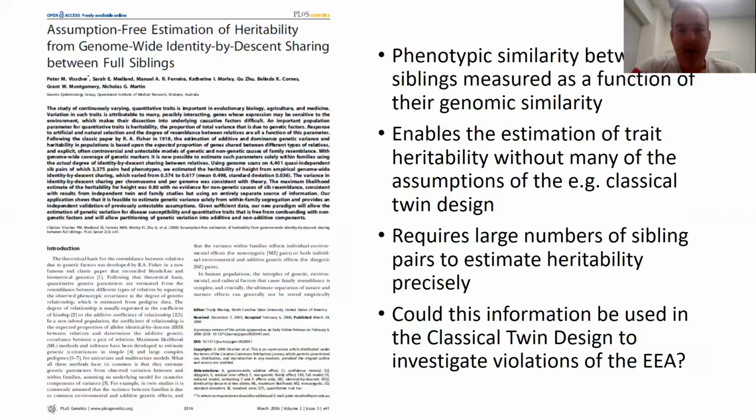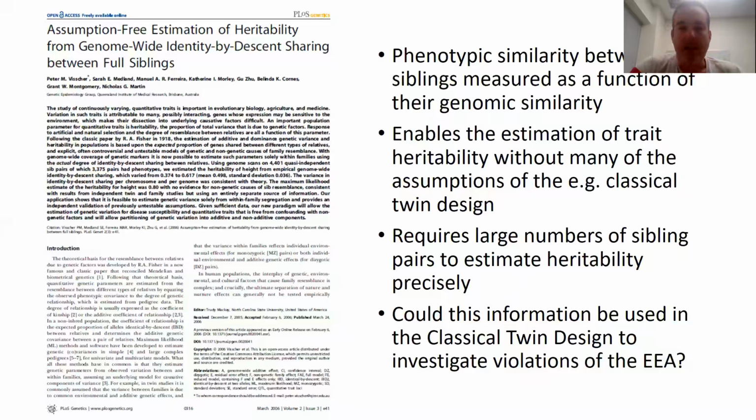Basically the idea in this paper is that they modeled the phenotypic similarity between full siblings as a function of their genome-wide genetic similarity, in particular their identity by descent sharing across the genome.